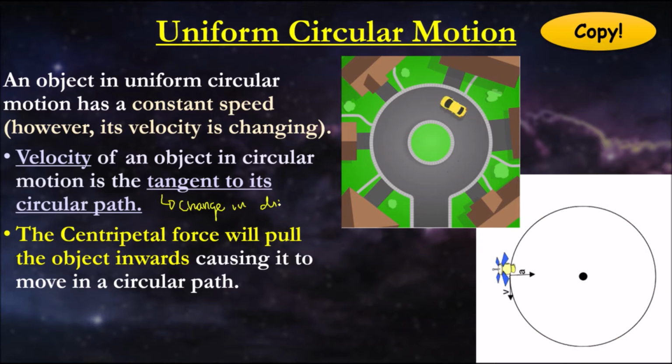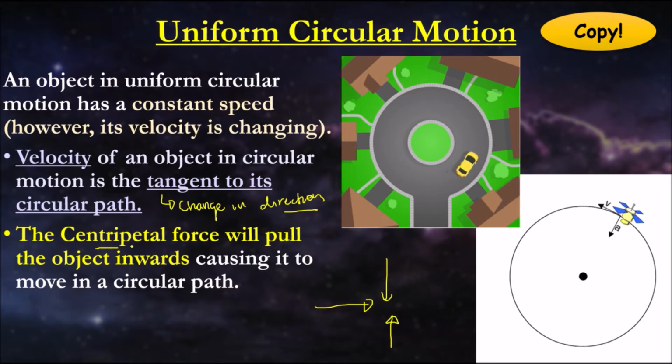The reason why it accelerates, or why the direction is changing, is because there's a force pulling the object in. To be exact though, this is a resultant force. So what we call the centripetal force is a resultant force, a combination of all these different forces that add up in a way where the sum of the forces is to pull the object in.